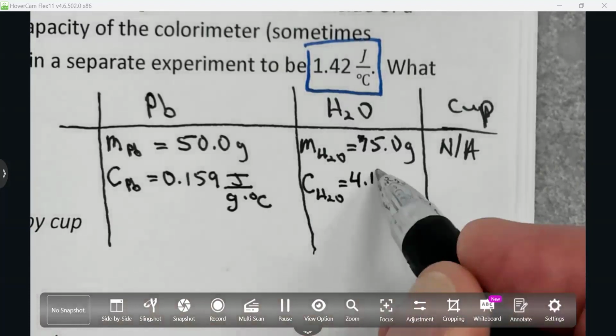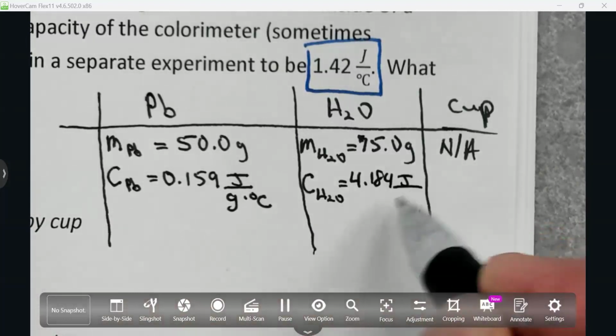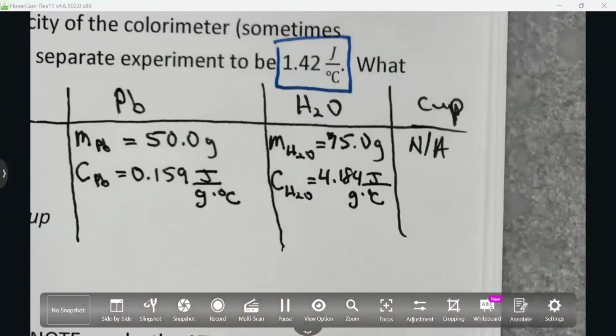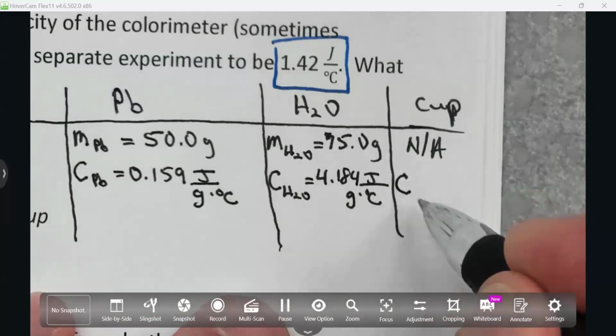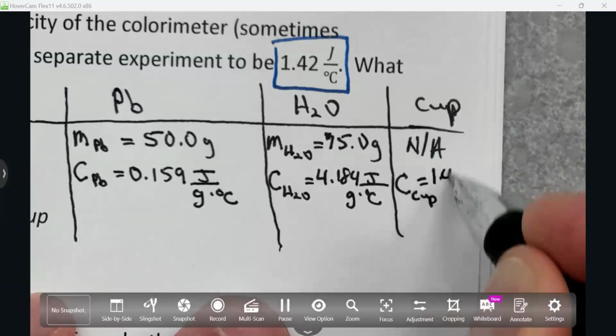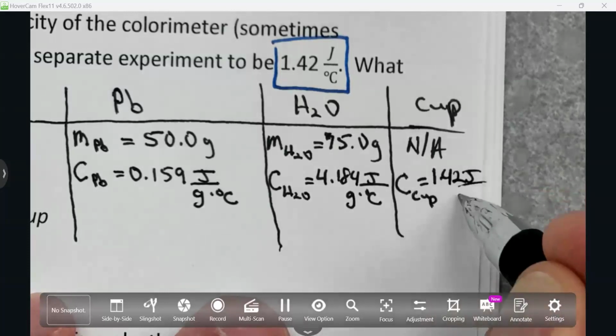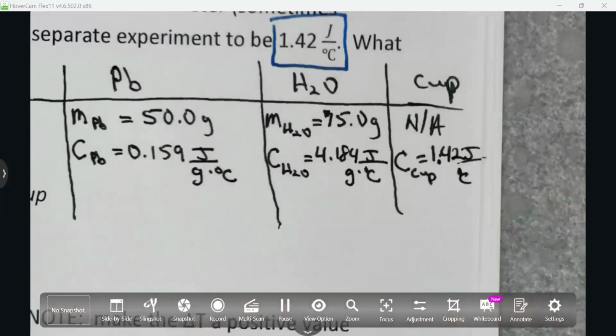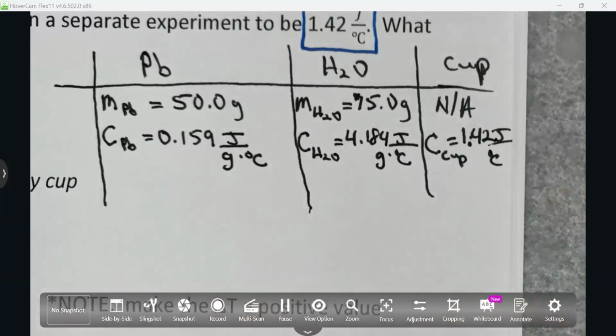Water, 4.184. And my cup, joules per degree Celsius. Missed it.